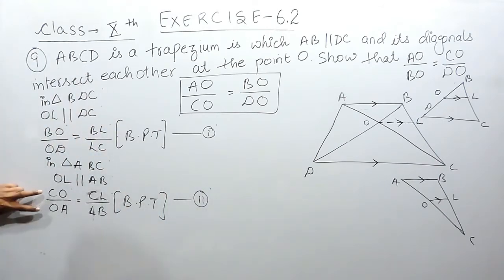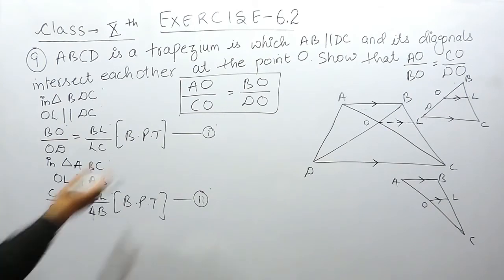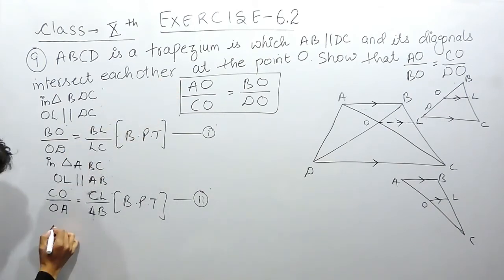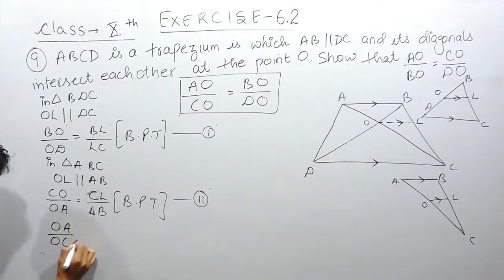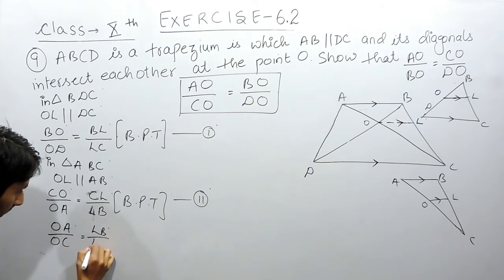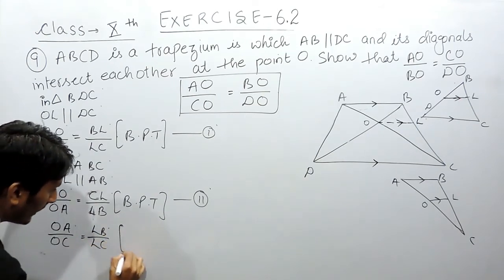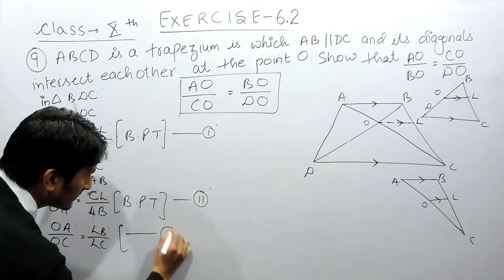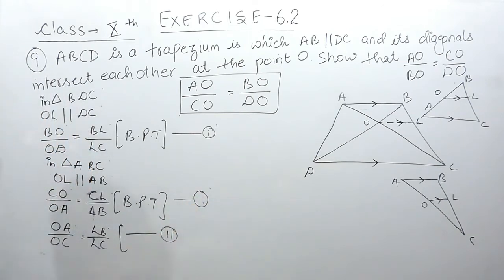Now first of all, I have to take the reciprocal of this equation so that our proof will be easy. So I can write that OA upon OC is equal to LB upon LC. This can be considered equation second.